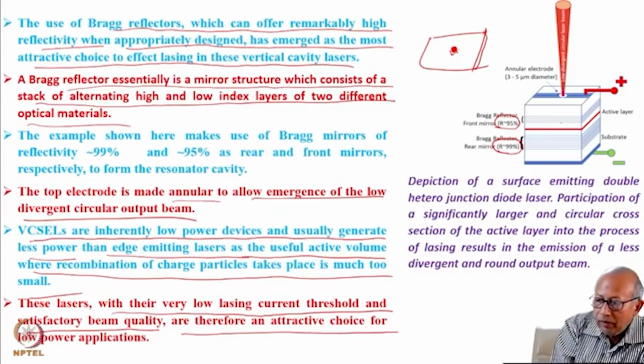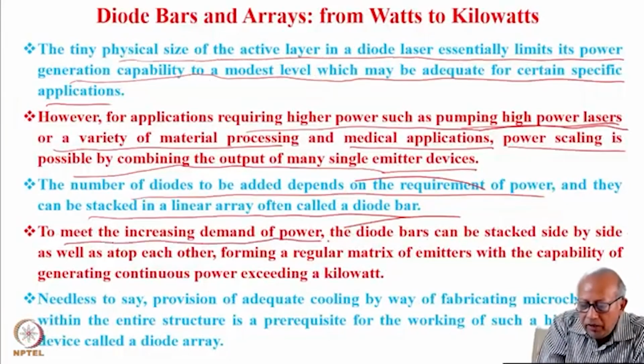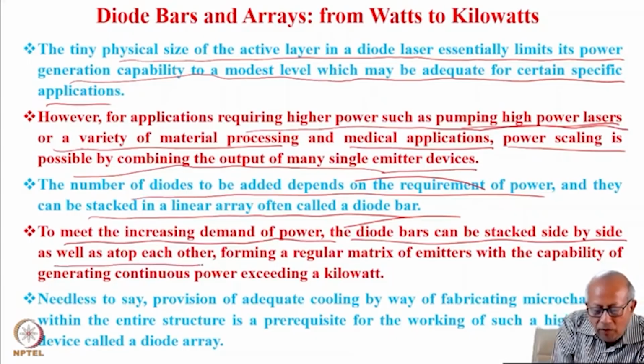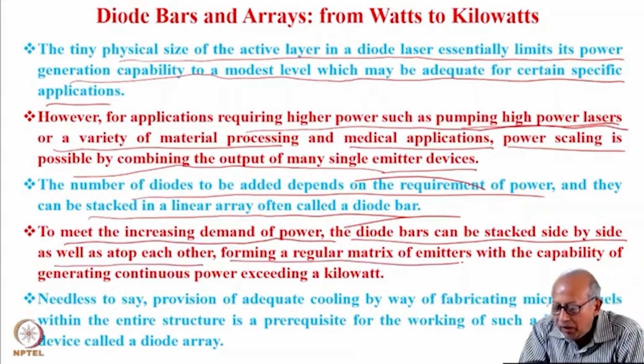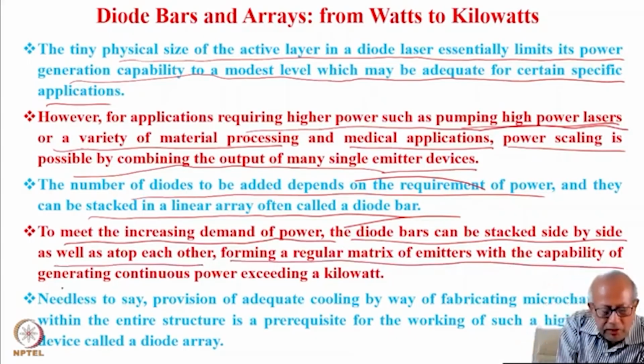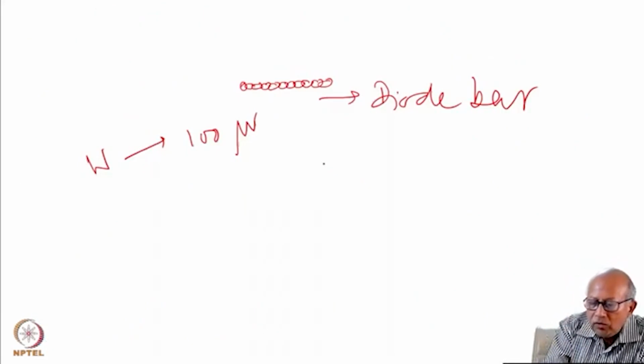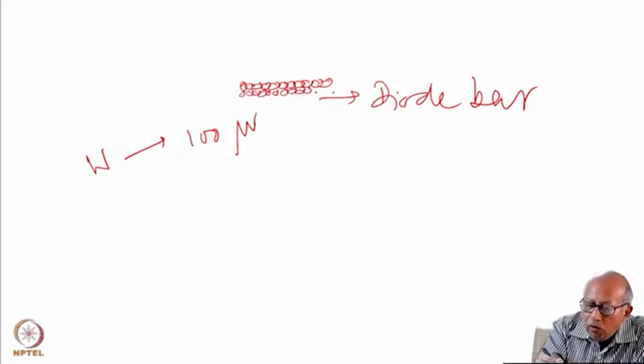And to meet the increasing demand of power, the diode bars can be stacked side by side as well as atop each other, forming a regular matrix of emitters with the capability of generating continuous power exceeding even a kilowatt. So for that, you actually place diode bars either side by side or one atop the other.